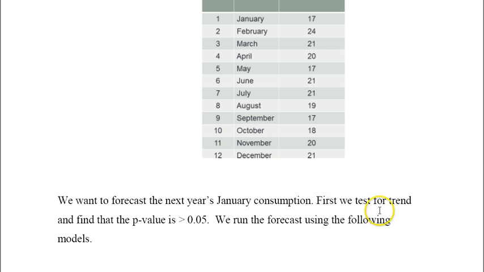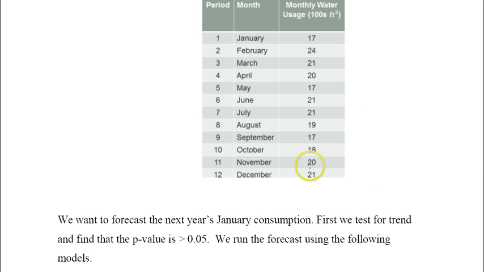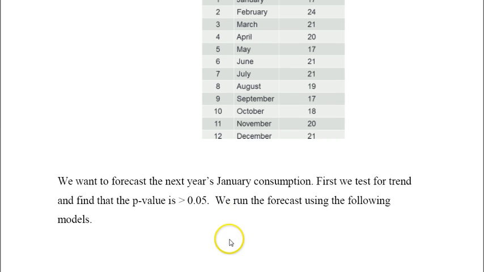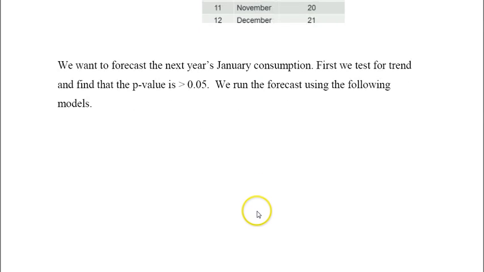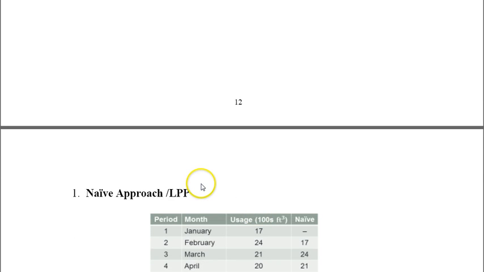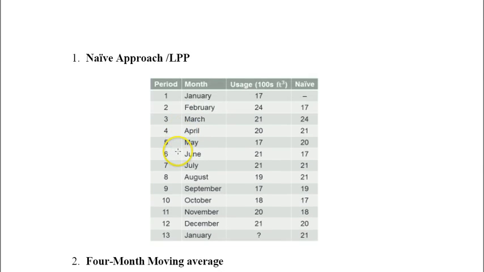The first thing you want to do is test for stationarity. If we test for stationarity using the regression model, we'll find that our p-value is more than 0.05. That means we have stationary data and we can run any of the stationary models. So let's use the naive approach and do the forecasting. Notice that although we have the actual values for January to December, we can still forecast those values.